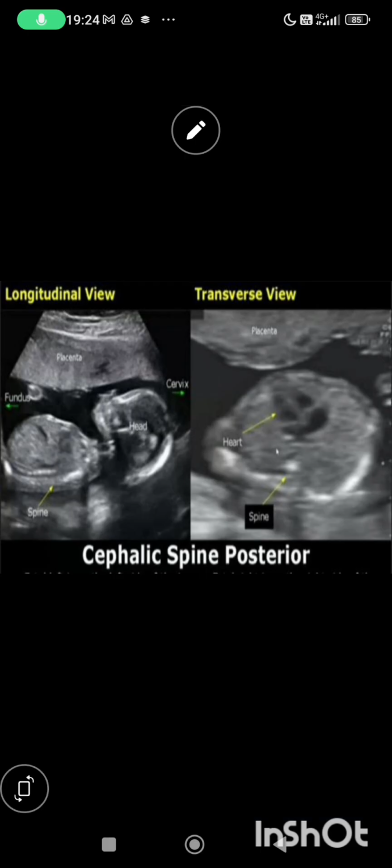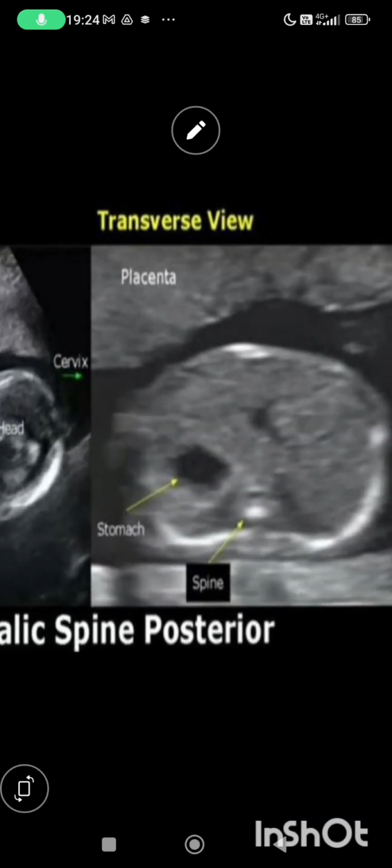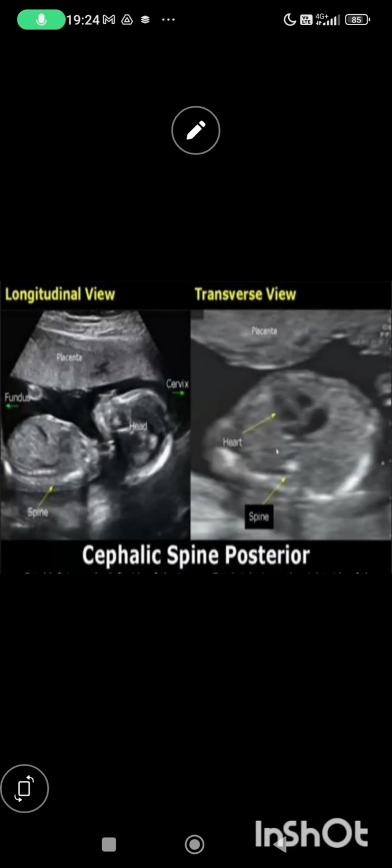Usually in the exam they give you this type of cross section, but you should also know about fetal chest and heart orientation in relationship to the spine. Normally the stomach is toward the left and the heart is also toward the left, so they should be in the same direction.